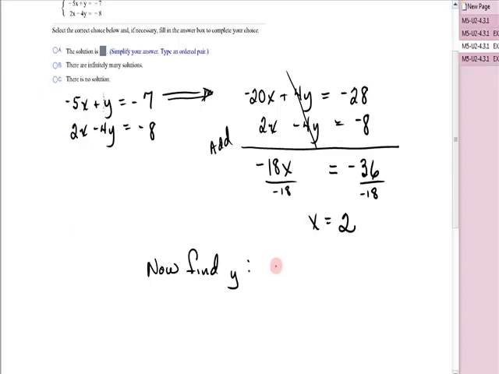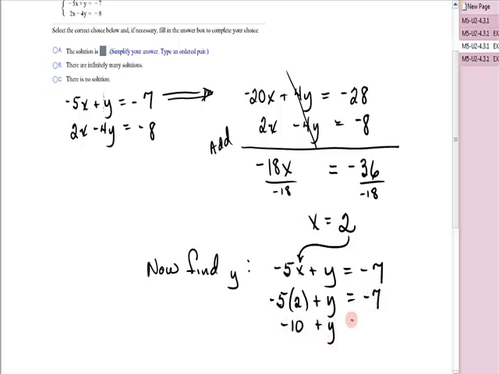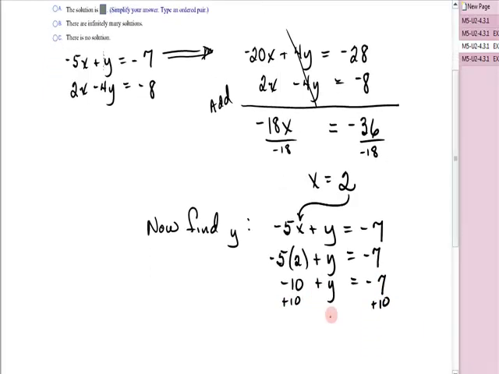So if I grab the first equation, negative 5x plus y is equal to negative 7, and I plug in, that's negative 5 times 2 plus y is equal to negative 7. Negative 10 plus y is negative 7. Add 10 to both sides, and y is equal to 3.